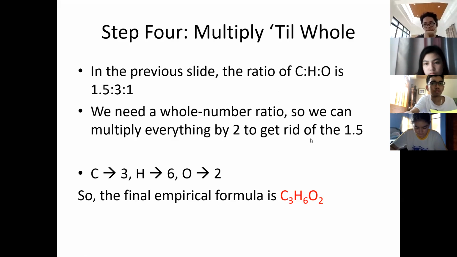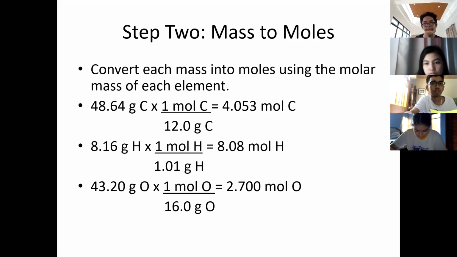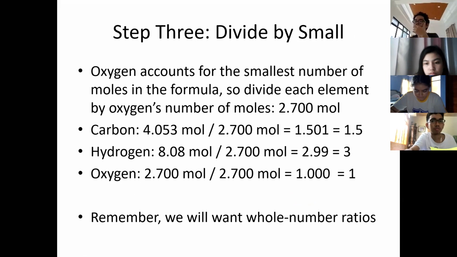Clarifications. So we have here step number 1 again. Change the percent to mass. Change the mass to moles. Then among the numbers of moles, choose the least value. Divide it to the moles of the different elements.